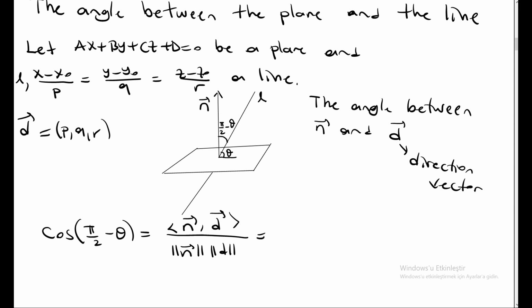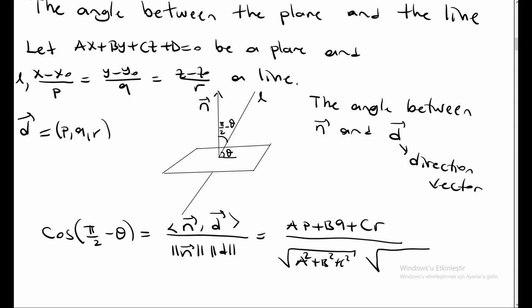So you have a times p plus b times q plus c times r over the square root of a squared plus b squared plus c squared, times the square root of p squared plus q squared plus r squared. So this is the angle.